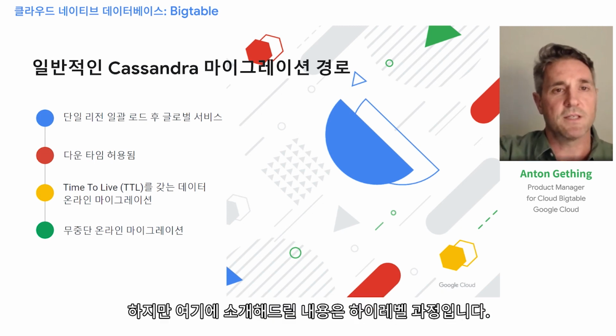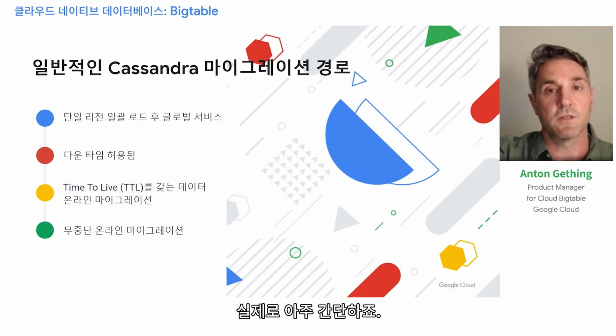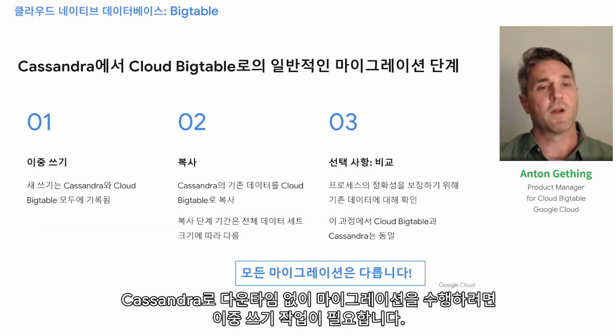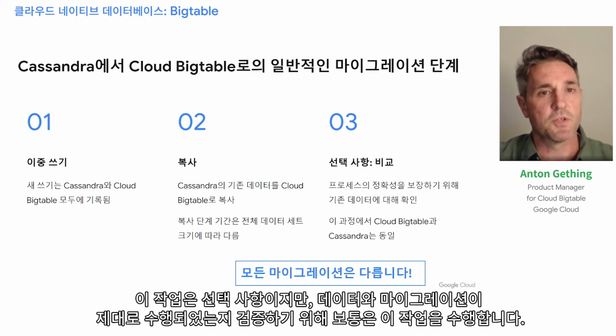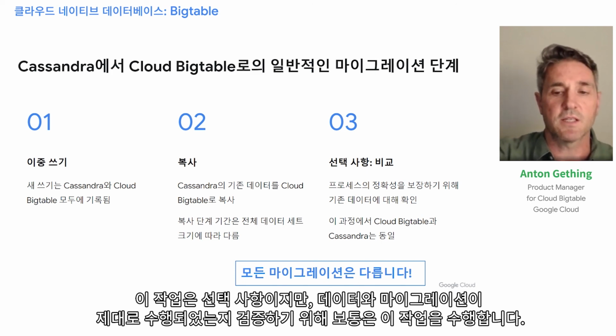But what I'll present here are the high-level steps. Actually, it's quite simple for migration from Cassandra with no downtime. It requires an implementation of dual write. The data is then copied from Cassandra to Bigtable. There is a verification. It says optional, but we normally do that in order to verify that the data and the migration have happened successfully.